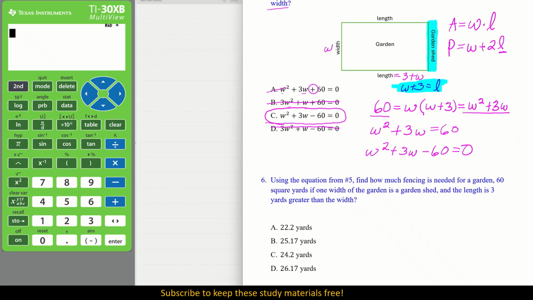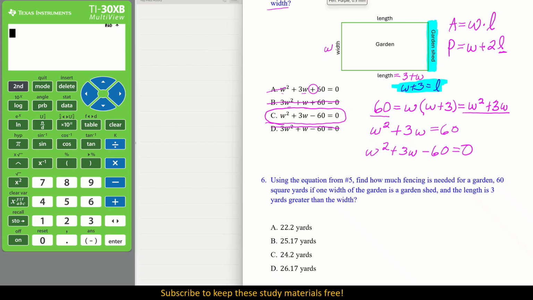Now that we've done that, we have an equation that'll help us out. However, now it's actually asking us for that perimeter I had earlier. Let's read the question. Using the equation number 5, that's above us, find how much fencing is needed for the garden, for a garden of 60 square yards if one of the sides is a shed.